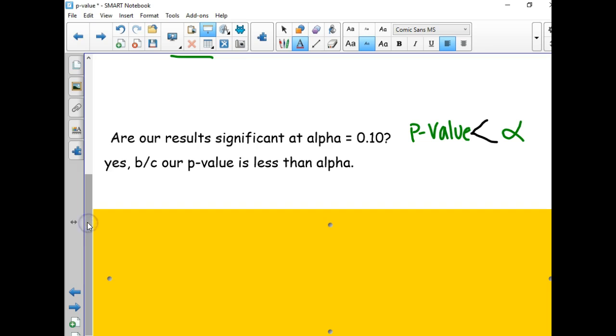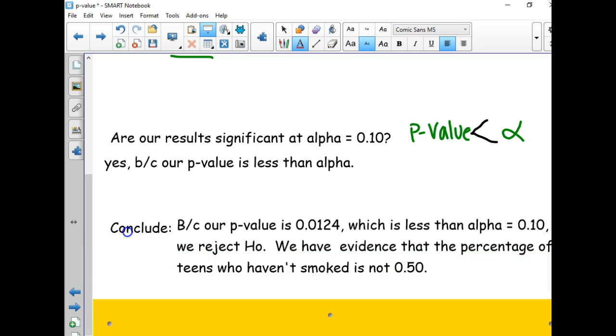Well, let's write it formally. How do we conclude this? We say, well, because our p-value is 0.0124, which is less than alpha equal to 0.10, we reject our null hypothesis. We have evidence that the percentage of teens who haven't smoked is not 50%. Now, unfortunately, we don't know if it's bigger than that or smaller than that.